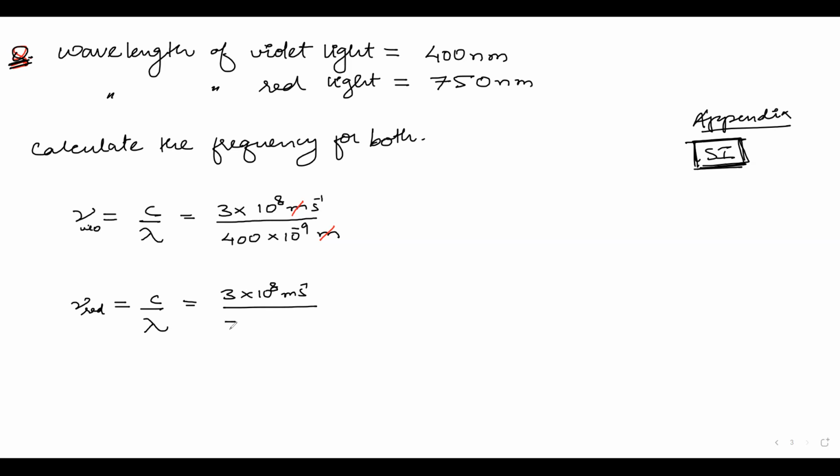I got one of the answers. Okay, frequency for violet, you are saying to the second inverse, right? Oh, sorry, I forgot to add the minus one. Okay. Second inverse, and you are saying 7.5 into 10 to the power 14.